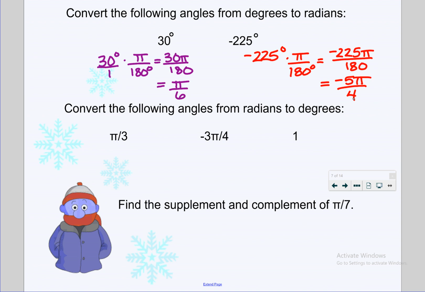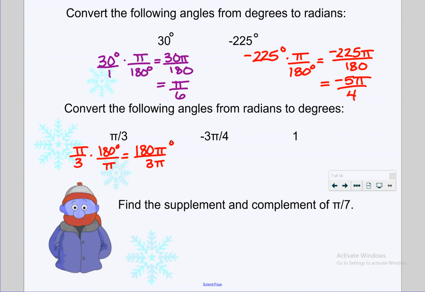Okay, questions converting that direction? Okay, converting the other direction. We've got radians, we want degrees. So I'm going to start with pi over 3. Now if we're converting from radians to degrees, we flip my fraction. I'm going to multiply by 180 over pi. This time, when I multiply straight across, I'm going to have 180 pi on top, 3 pi on the bottom, and this is going to be a degree.